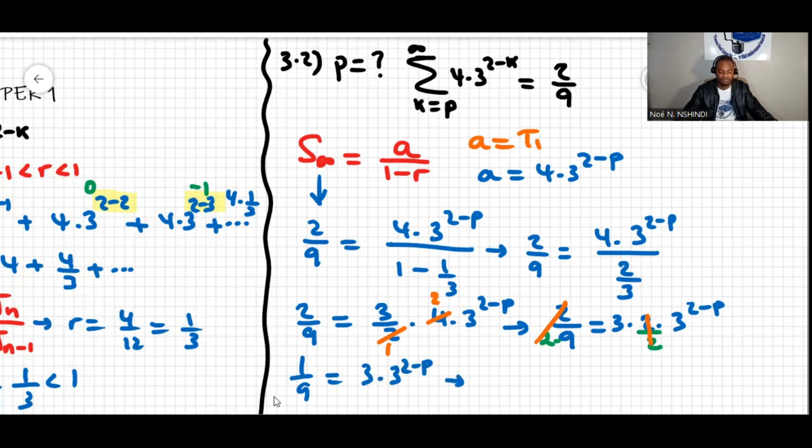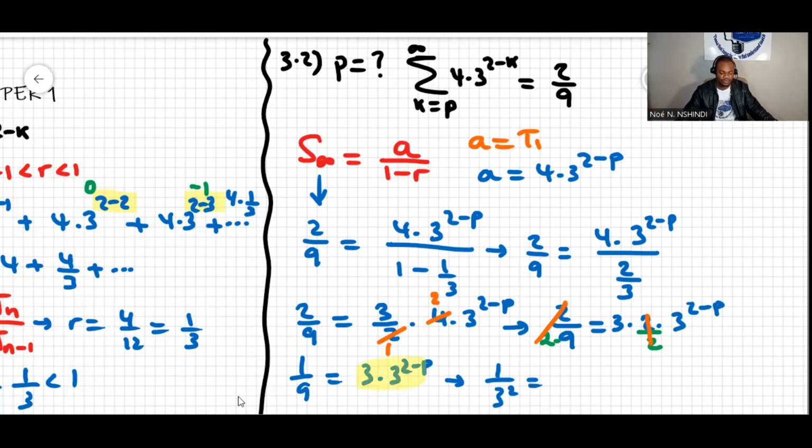Now 1/9 can be written as 3 to the power of -2. Remember the law of exponent that says, maybe let's just write all these steps. 1/9 is like 1/3 squared, equal to, and then the bases are common.